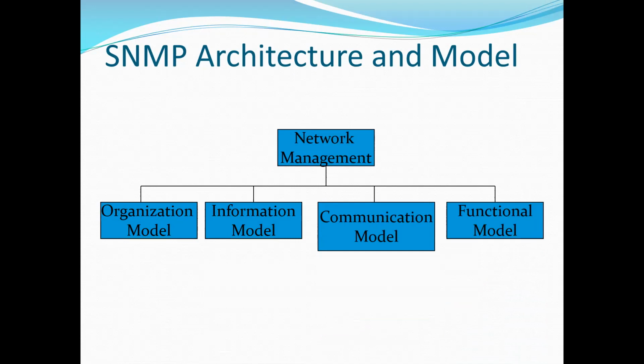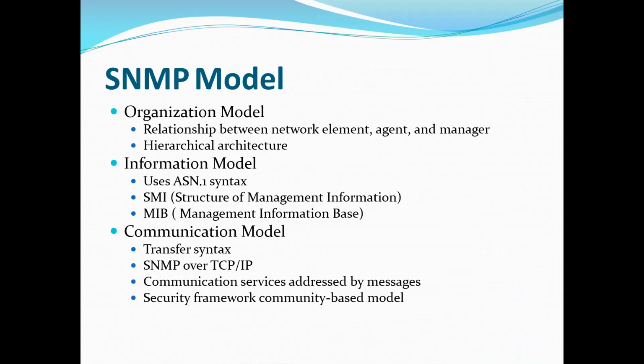So what it does, how it does it, what it carries, and how things are organized, okay? Those are really the ways of looking at this. So the SNMP organizational model, we've talked about it. It just means the relationship between the network element, the agents, and the managers, right? The hierarchical architecture that you have in the network.